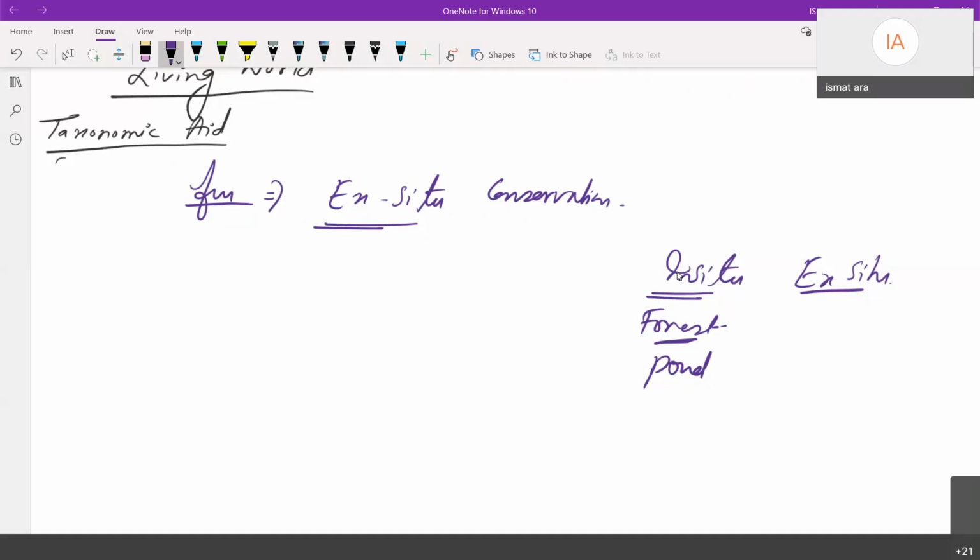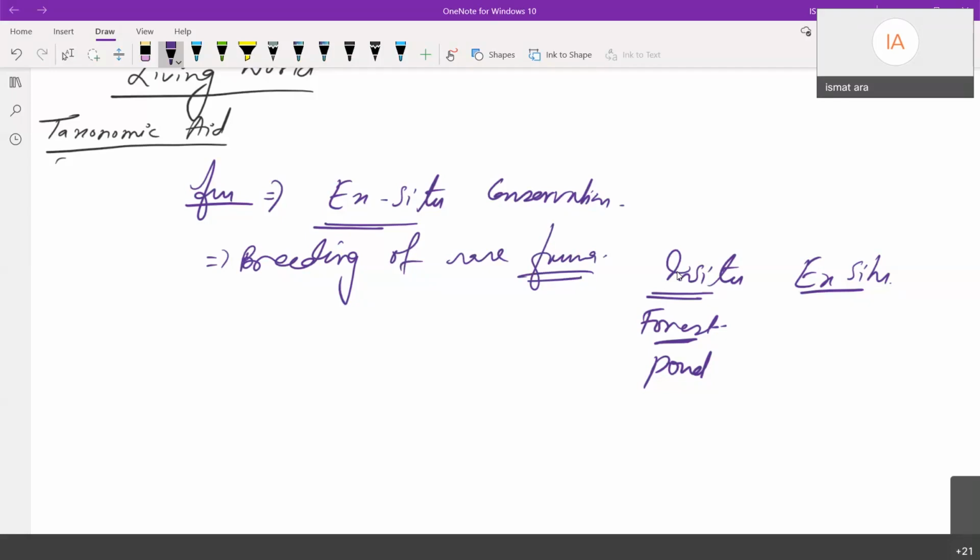Then one more advantage is there, breeding of rare fauna. Fauna means animal. So the animals which are rare, you can breed them in the zoological park and increase their number, because human beings are looking after them and taking care of them.